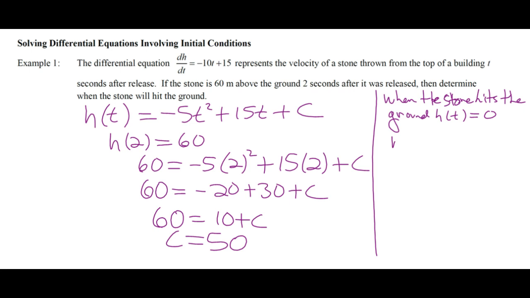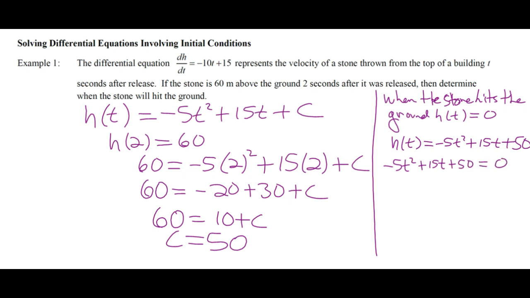We know h of t is negative 5t squared plus 15t plus 50. We used the initial condition to figure out what c was. So negative 5t squared plus 15t plus 50 is 0.